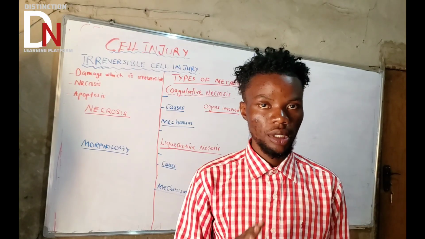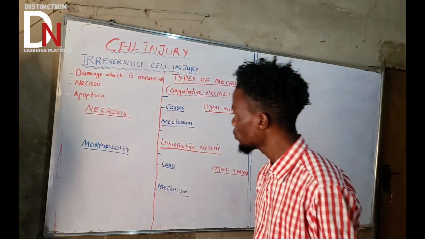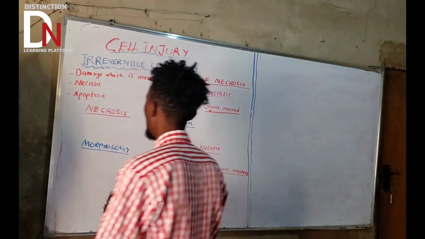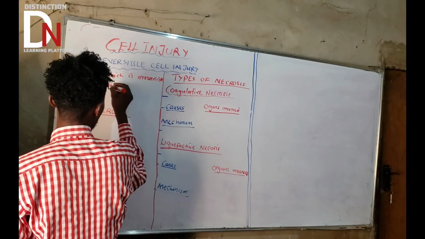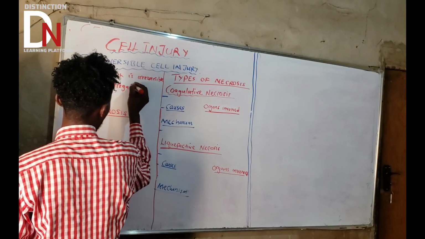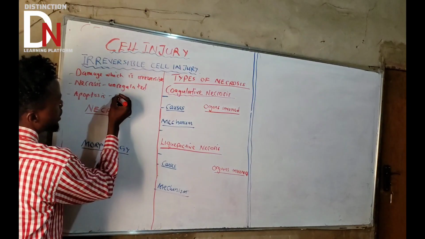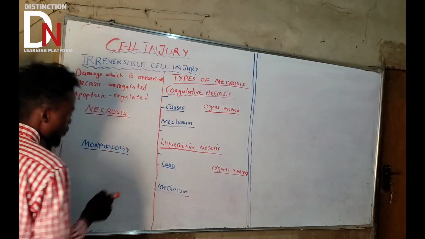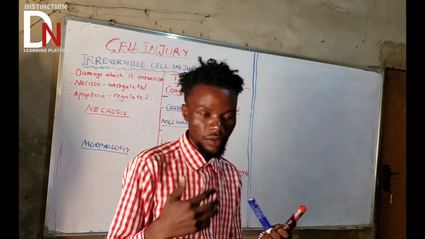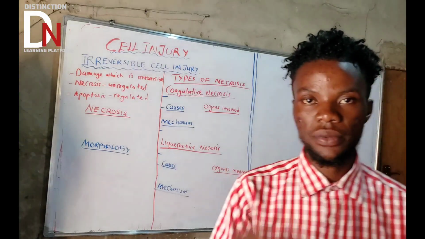But don't worry, we'll talk about apoptosis in the next video. So necrosis is a type of irreversible cell injury which is unregulated, and apoptosis is always regulated. Remember that if something is regulated, it is programmed. So apoptosis is a programmed type of cell death.